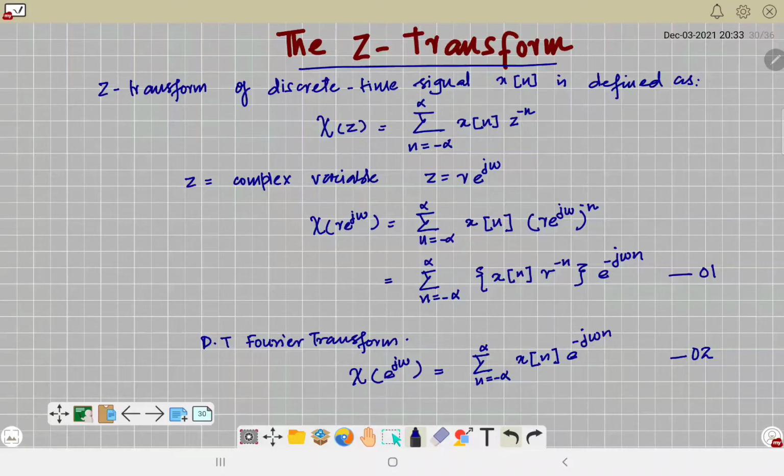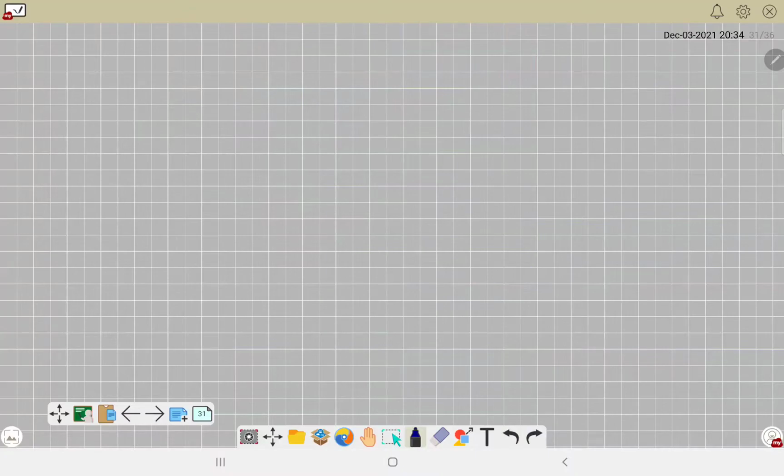Let's call it 2. So if you compare equation 1 and 2, in other words, if you compare the Z transform with the Fourier transform, you will see that the Z transform as given by this expression is actually the Fourier transform of this sequence. Just compare this and this. It is actually the Fourier transform of the sequence that consists of x of n multiplied by r raised power minus n.